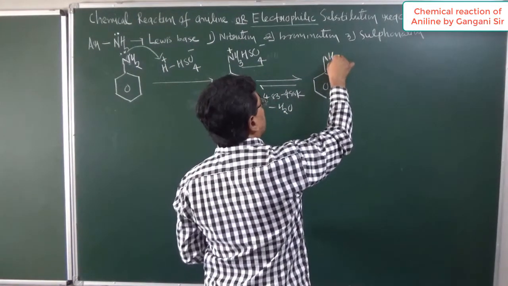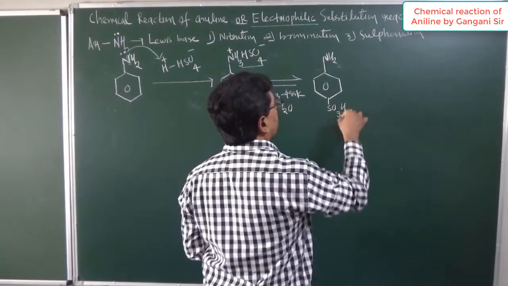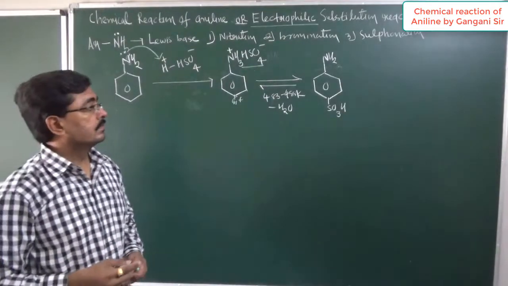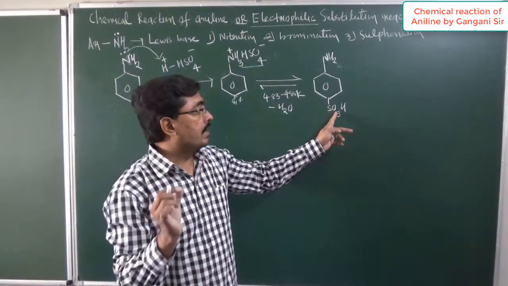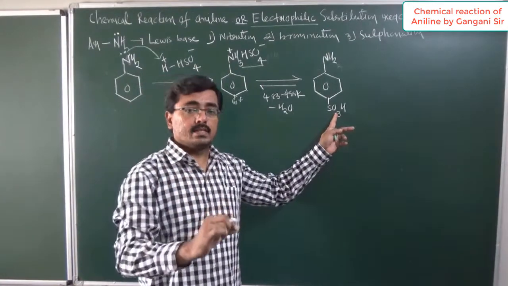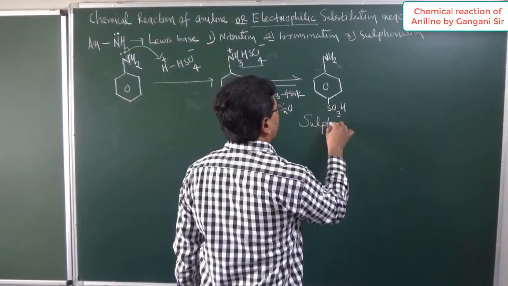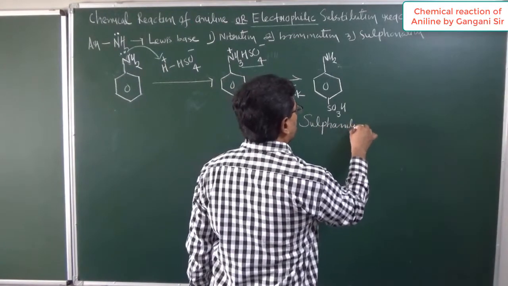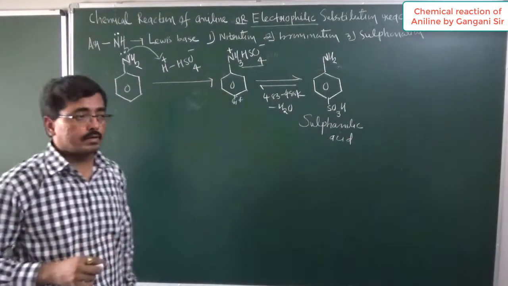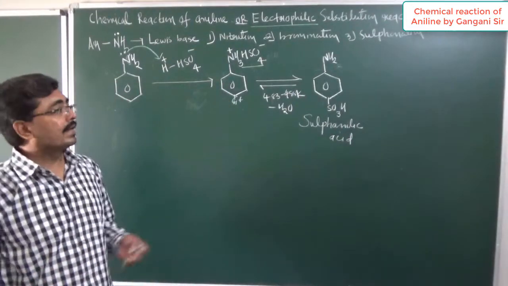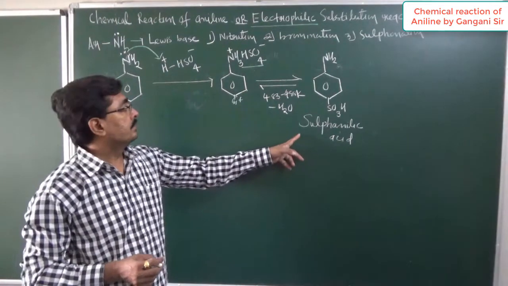The sulfo group is present in the para position. So it is para-aminobenzene sulfonic acid, or the common name of this structure is sulfanilic acid. Now this sulfanilic acid is a water soluble acid, soluble in water like anthranilic acid.